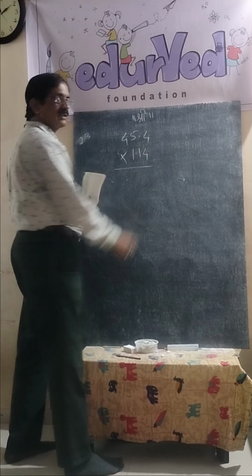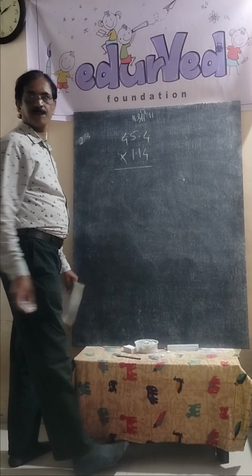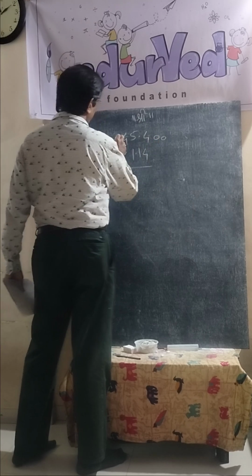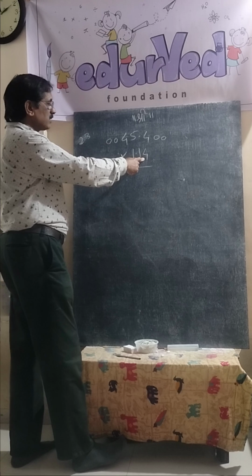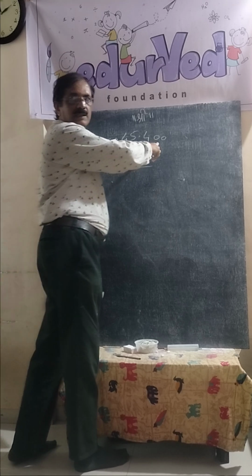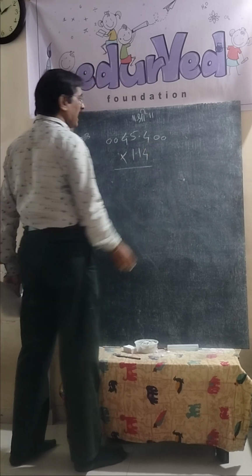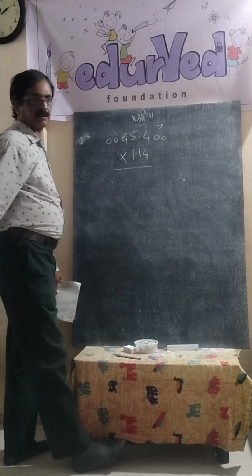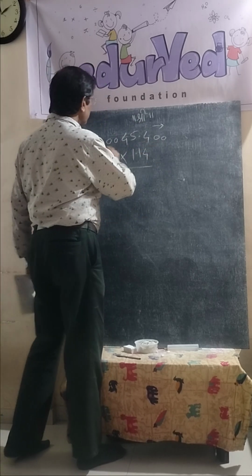So this falls in this category. The first step over here is you have to add zeros. When it was a 2-digit number, you add only a single zero. This is a 3-digit number, so you add 2 zeros and add the adjacent 2 digits. So for the first step you add 2 zeros over here.